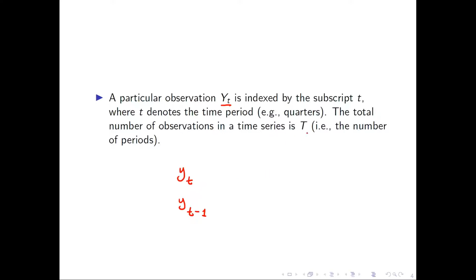And the number of observations in a time series is often denoted by capital T. So you have t going from 1, 2, and so on until time capital T.